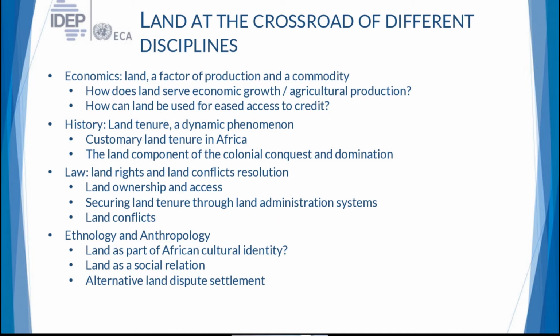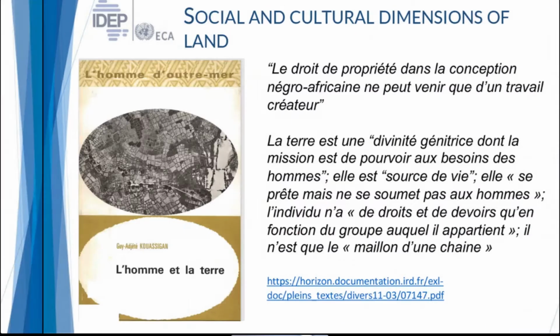For anthropologists, alternative land dispute resolution mechanism is so critical, meaning that in most cases we know that the classic judiciary systems are not able to really manage land conflicts on the ground because they are not trusted enough.